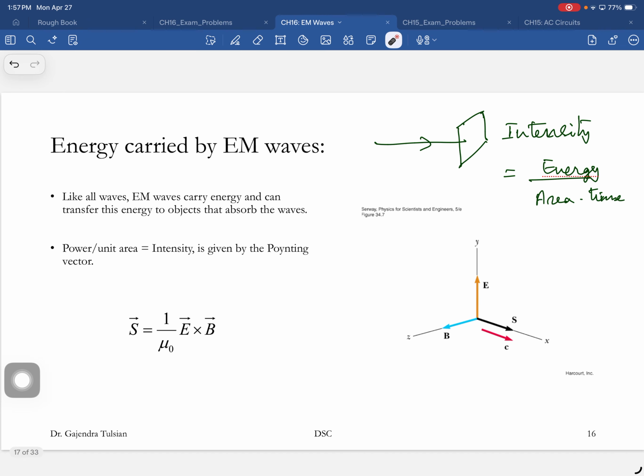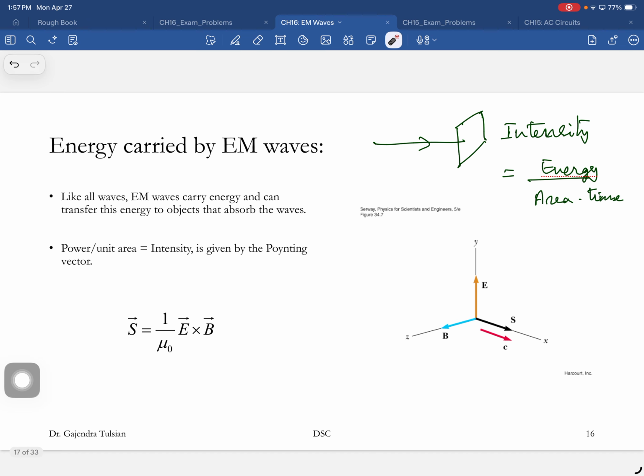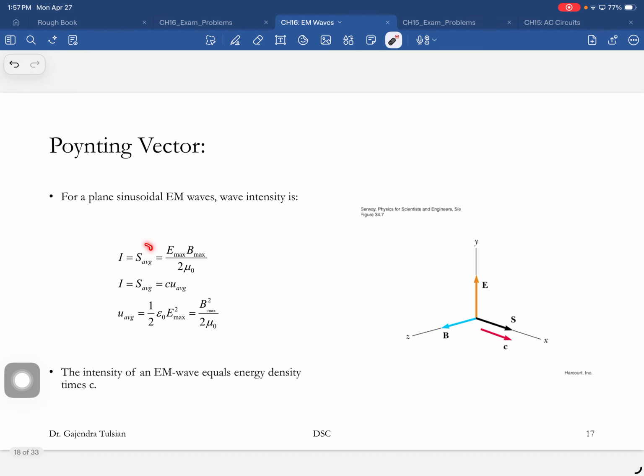Anything carrying energy should carry momentum. You just saw that light carries energy, so it must have momentum. So the momentum carried by a beam of light is the energy in the beam divided by the speed at which it's traveling.